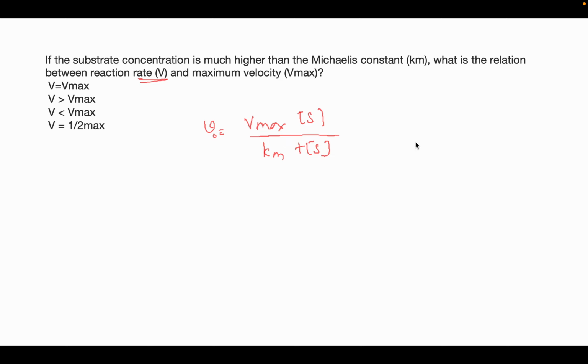So the Km here is very small, so we can approximate it as 0. So what it will become, Vmax S upon 0 plus S. So this will cancel out, so V0 will equal Vmax. So correct answer is V equal to Vmax.